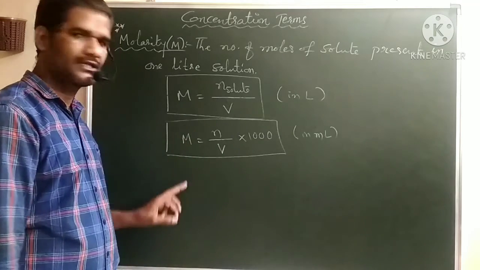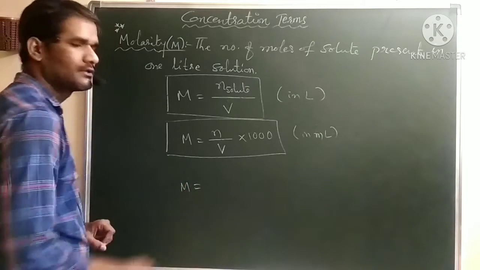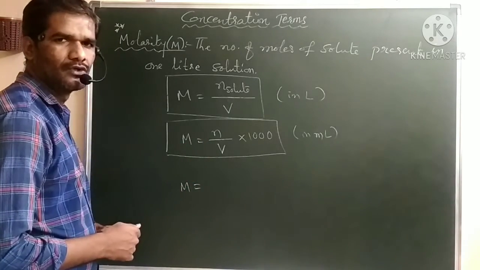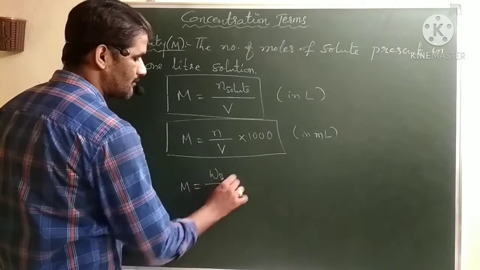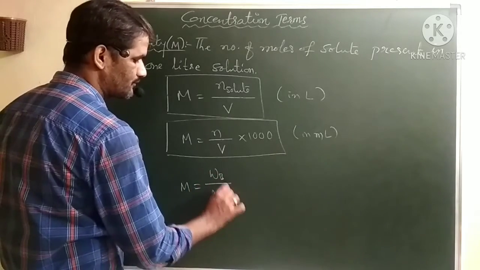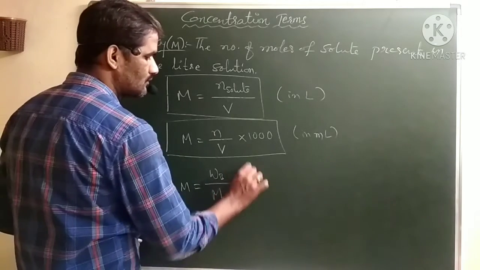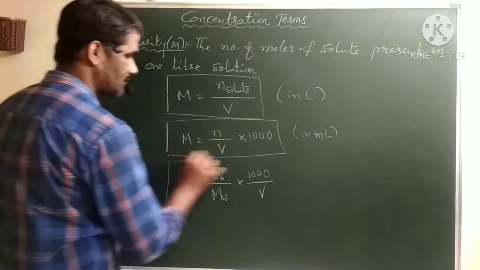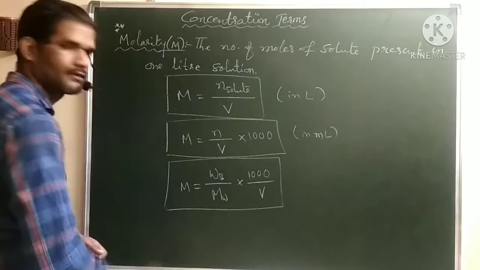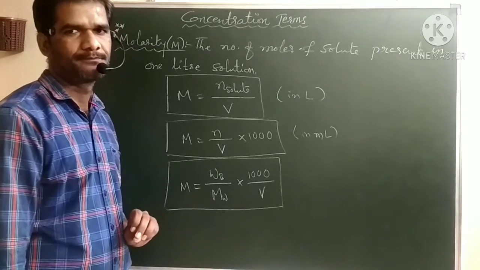So we can further expand this formula. That is molarity is equals to N, means number of moles of solute. Number of moles means what? Weight of solute by molecular weight of solute. Here MW means molecular weight, into 1000 by V. This is another formula for molarity if you take in terms of weight and molecular weight.